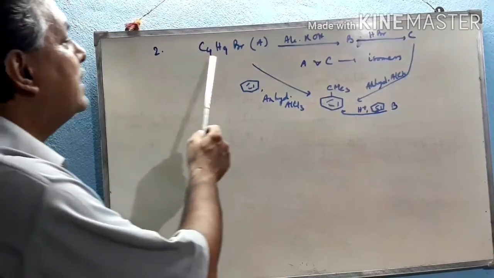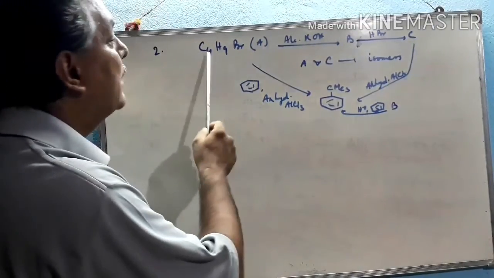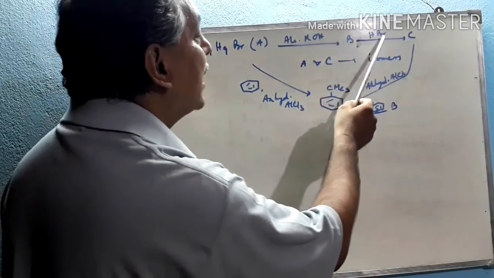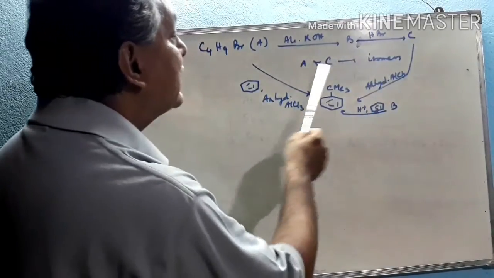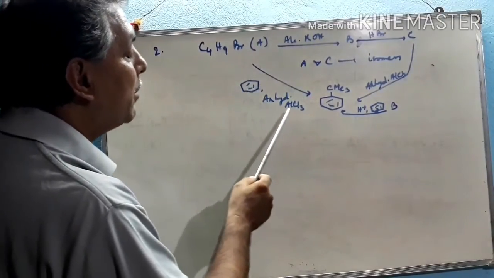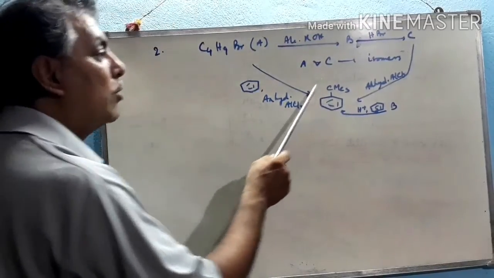Question: the molecular formula of A is C4H9Br. When treated with alcoholic KOH, it gives B. B when treated with HBr gives C. A and C are isomers. A when separately treated with benzene in presence of anhydrous AlCl3 produces tertiary butyl benzene. This is the structure of tertiary butyl benzene.